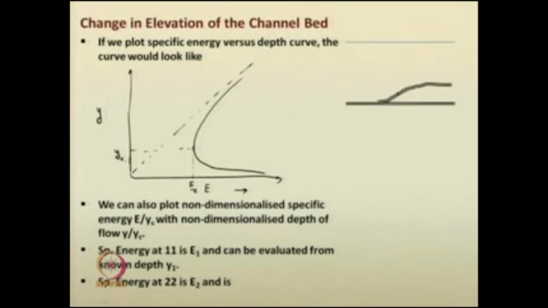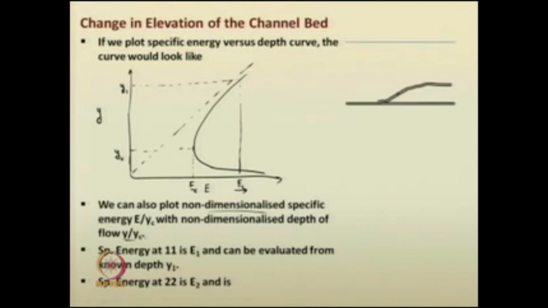Suppose we have a subcritical flow, it will be somewhere here on the upper limb, and at the upstream section the depth of flow is Y1, with corresponding energy E1. Fine. We can also plot non-dimensionalized specific energy E by Yc with non-dimensional depth Y by Yc.